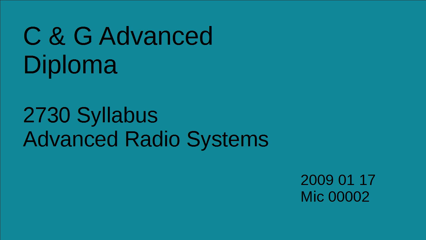A slight change will be there in the equation now. The equation will therefore be: Pr equals Pt plus Gt minus free space loss minus absorption plus Gr.